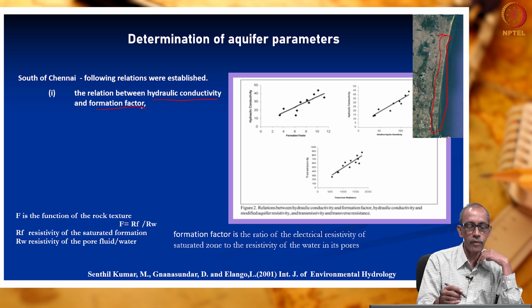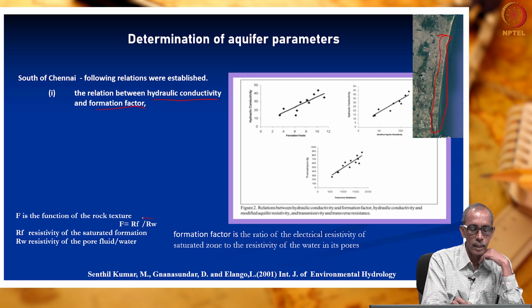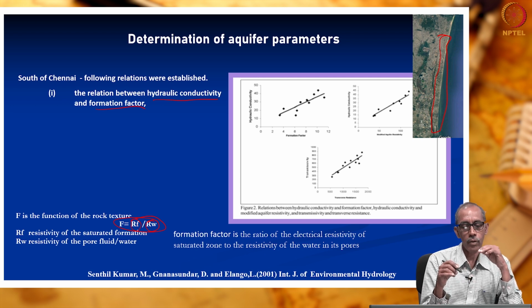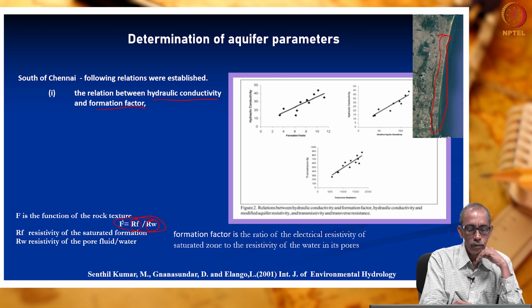What is formation factor? Formation factor is the ratio of the resistivity of the saturated formation to the resistivity of the water, that is the resistivity of the groundwater. So, formation factor F can be obtained using this relationship. How can we determine the resistivity of the formation?